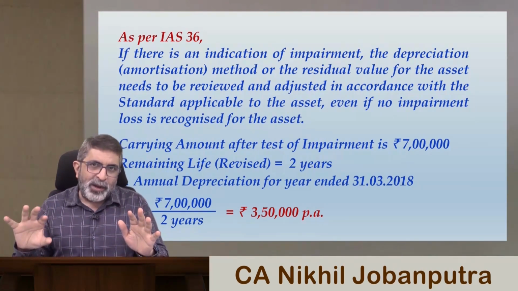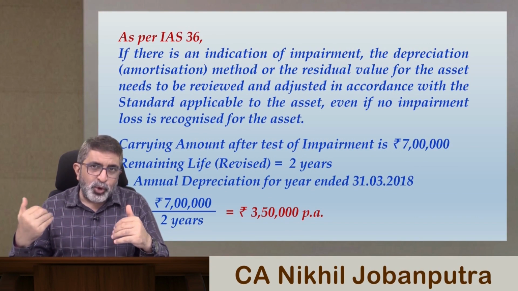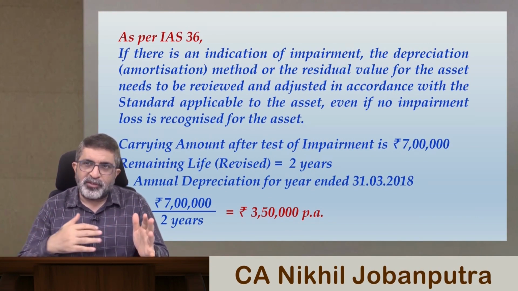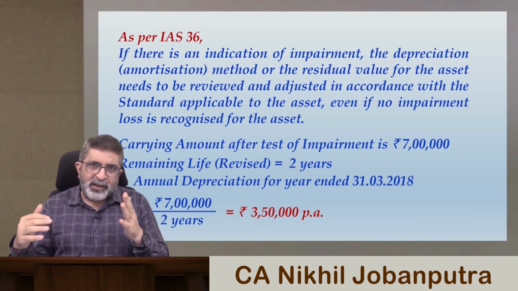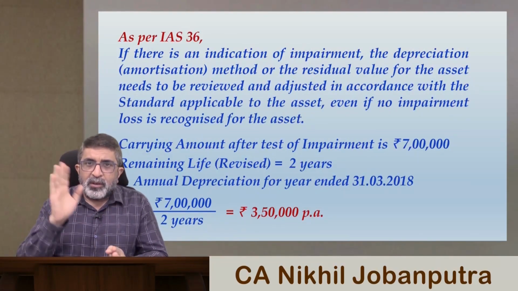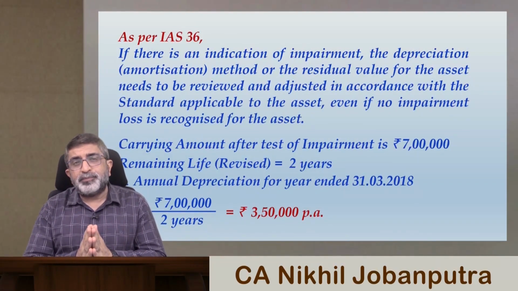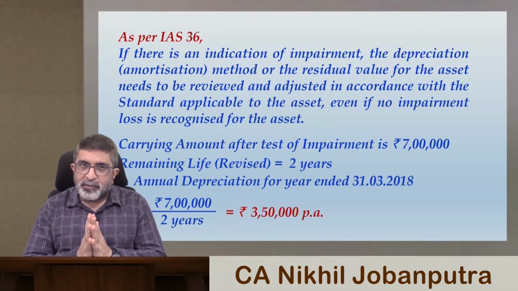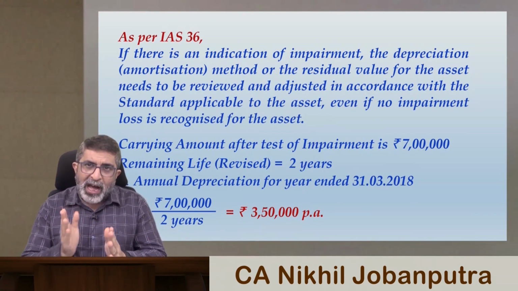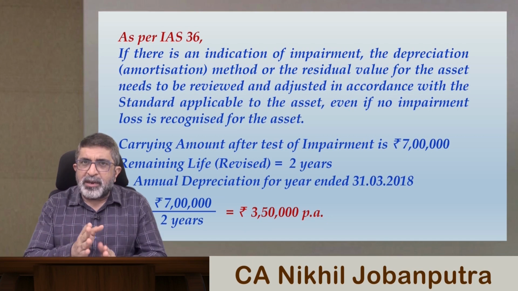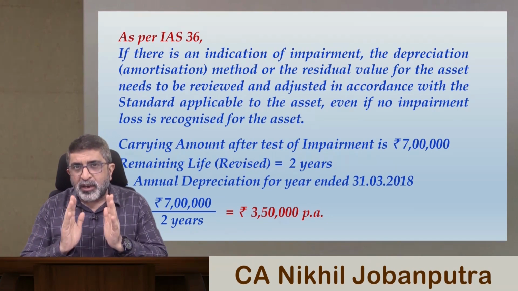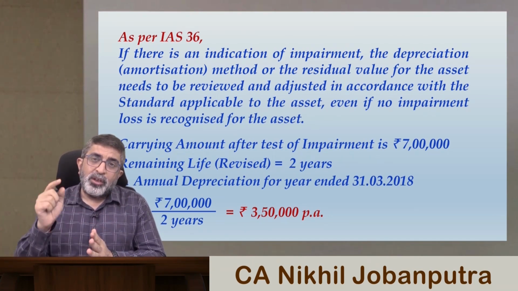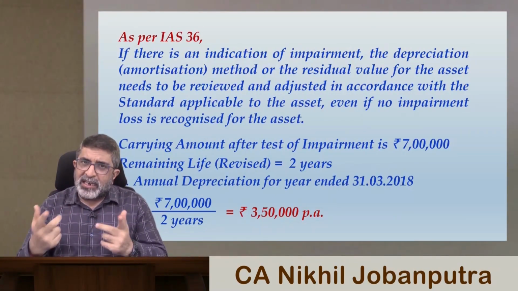Now, the US GAAP part I will do for you, because all the questions we have attempted are done from the angle of IFRS only. So for you, IFRS has now come into a line where you can attempt things on your own. The US GAAP treatment I will discuss with you.